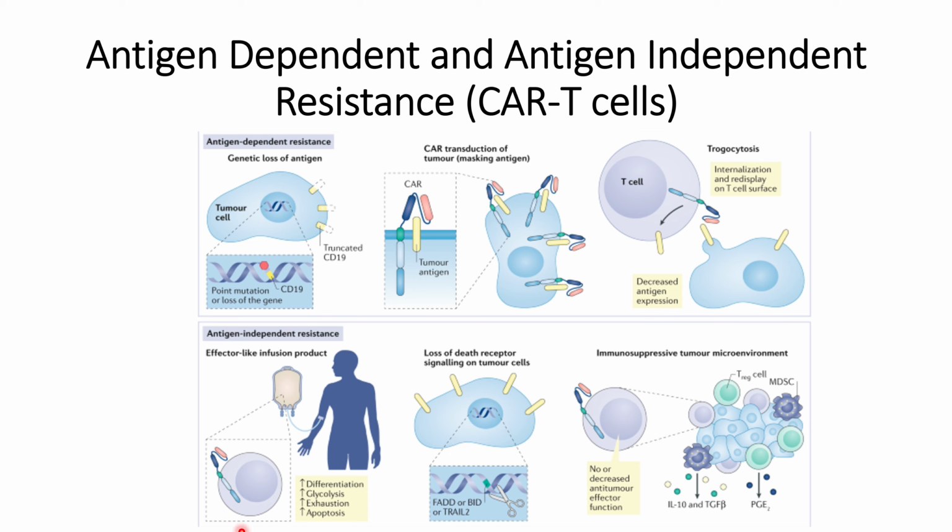And in that case, similar to case one where there is a loss of antigen, the evolution of these tumors will lead to the loss of signals that express these receptors on the cell surface membrane. Thereby tumor cells will prevent themselves from being detected by the CAR T cell receptors.